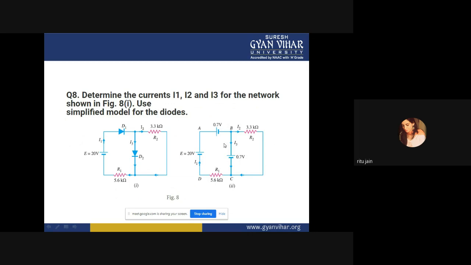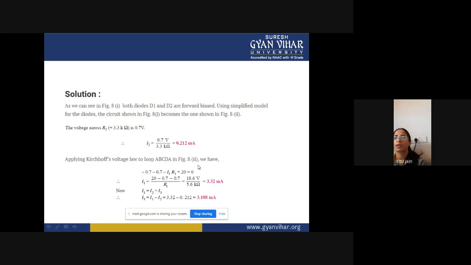So when you apply KVL in this loop, you get 20 volt minus 0.7 minus 0.7 minus 5.6 kilo ohm into I1, which is equal to 0 according to KVL. Now, solving this equation, you can easily calculate the value of I1.